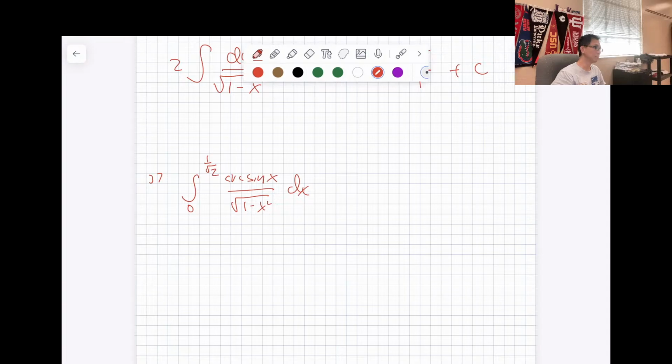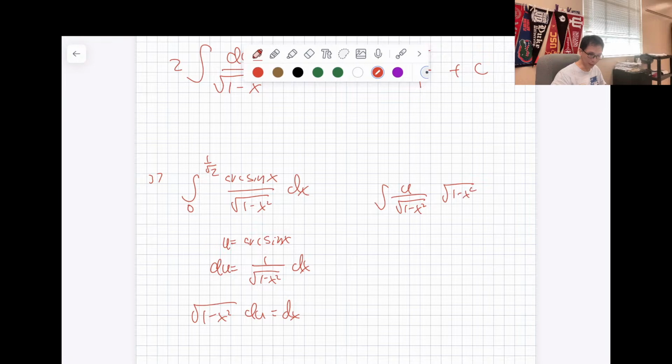So u equals arcsine of x. This is the first thing you have to recognize. And du is equal to 1 over square root of 1 minus x squared dx. If you solve that, you should see that the square root of 1 minus x squared du equals dx. Then that's going to be arcsine, so it's u, times square root 1 minus x squared, over square root 1 minus x squared du.